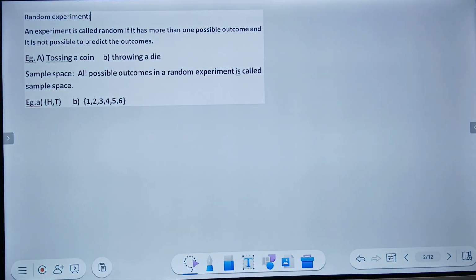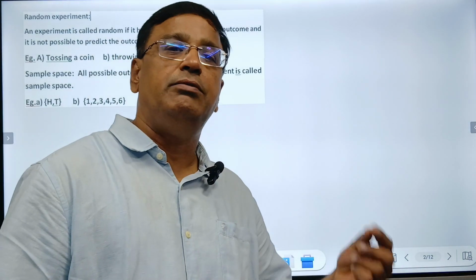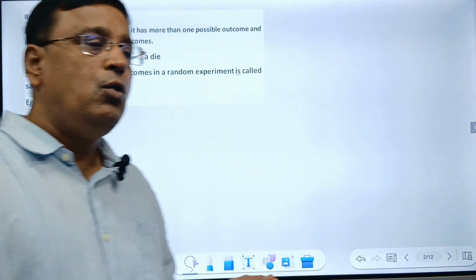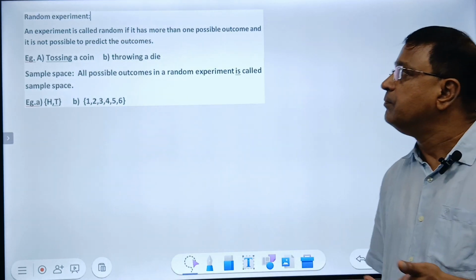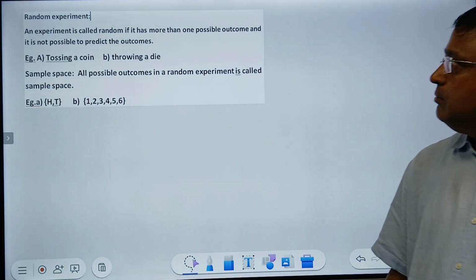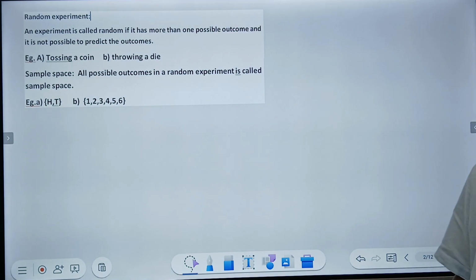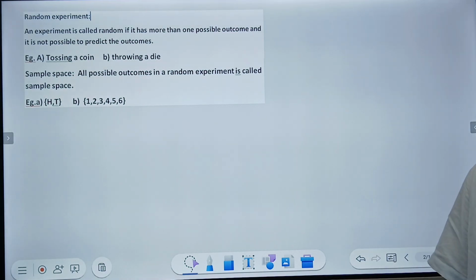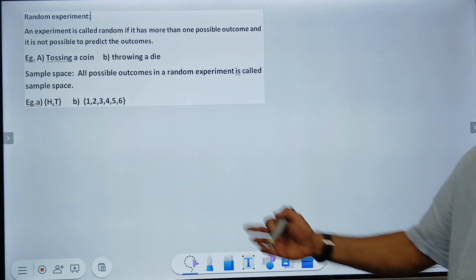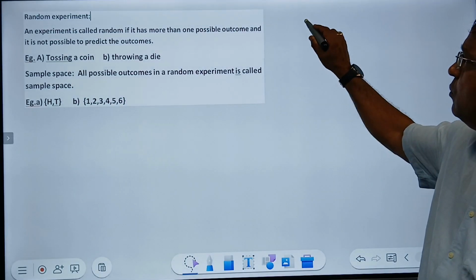Now, what is this actually? There are interesting terminologies that you should be very familiar with in probability. One is a random experiment. So what is a random experiment? An experiment is called random if it has more than one possibility, and it is not possible for me to predict that particular outcome. For example, if you toss a coin, it has more than one outcome.